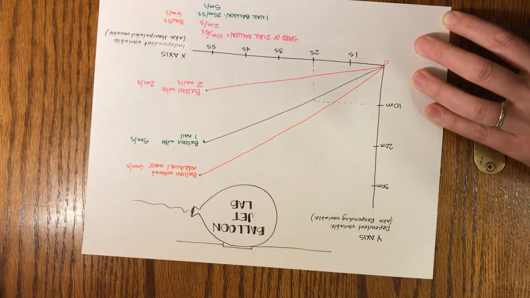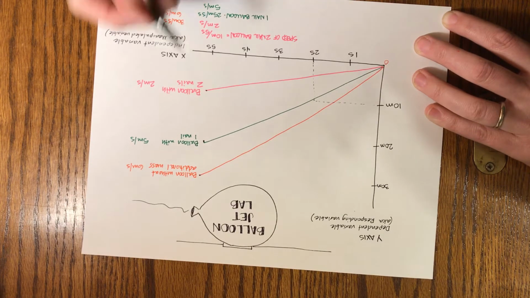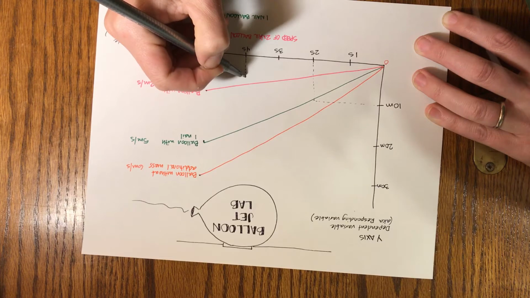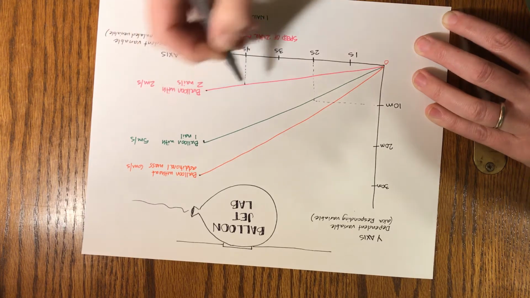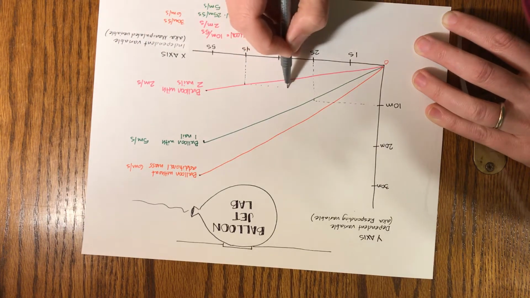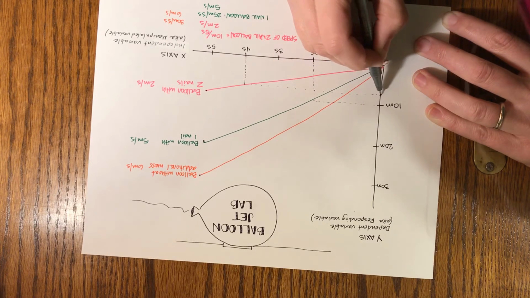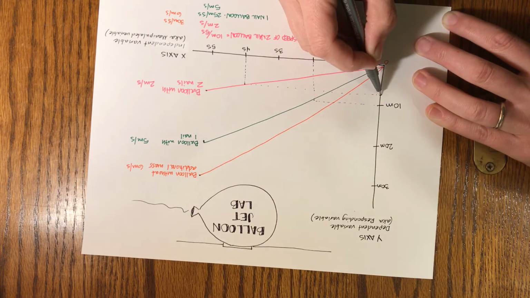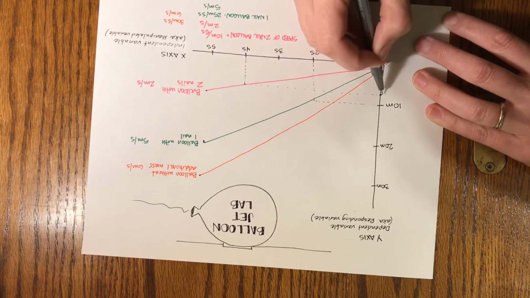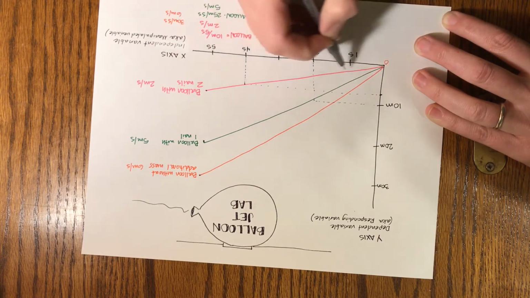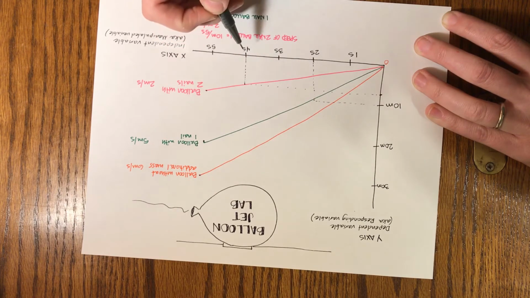What if we were asked, what is the location of the two-nail balloon at 4 seconds? We could do this, right? Find 4 seconds, go up here, go across. Looks like about 8 meters. So we could answer that question by saying the balloon with two nails was at about 8 meters at 4 seconds if it was traveling at constant velocity.